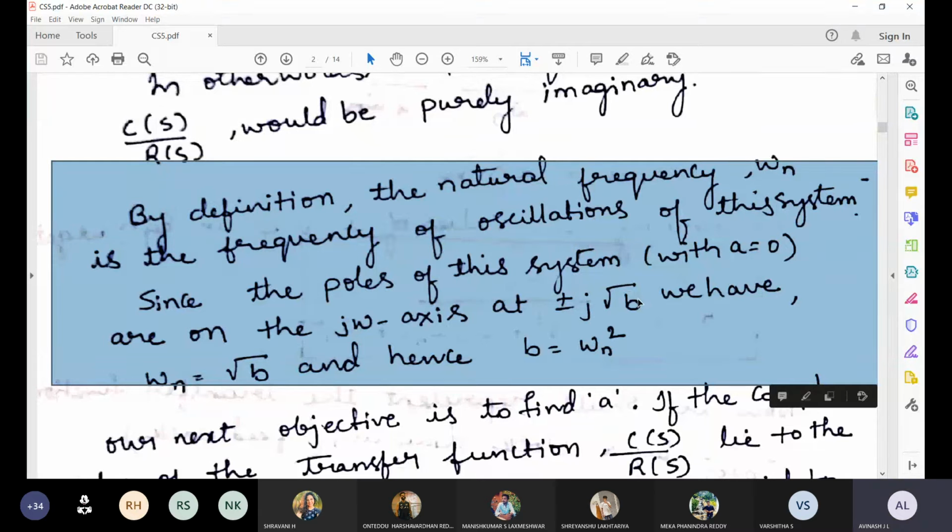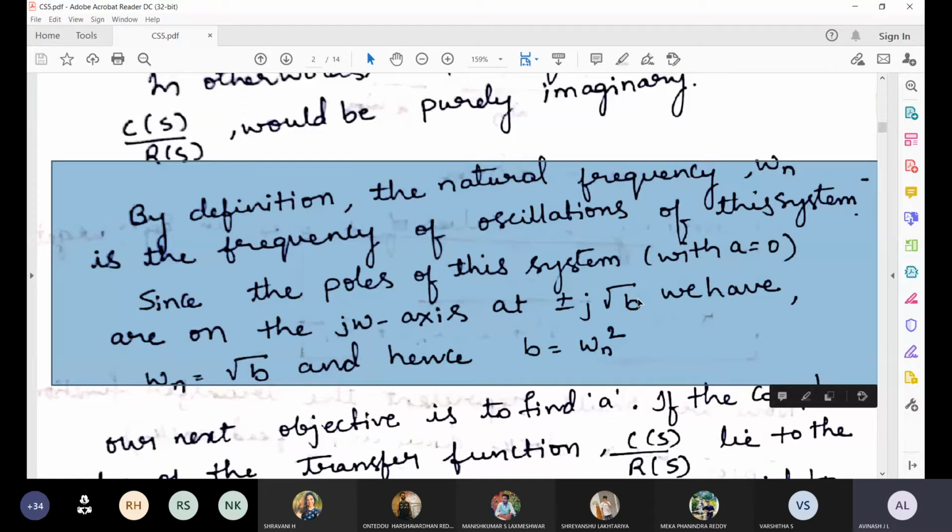What is the definition of natural frequency? Natural frequency is the frequency of oscillation when there is no damping. Clear? When there is no damping means, when the A value becomes 0, we say the system is not damped. When there is no friction force, no opposition force, it is called damping. So in order to achieve that undamped condition, we have to make A equal to 0.